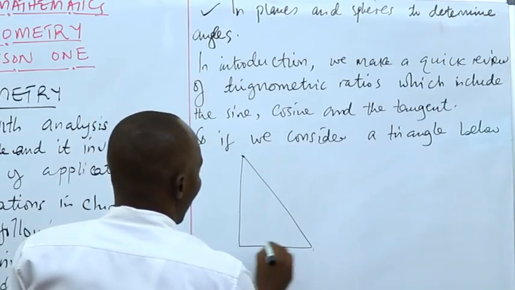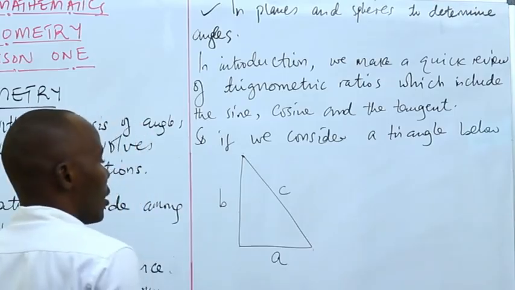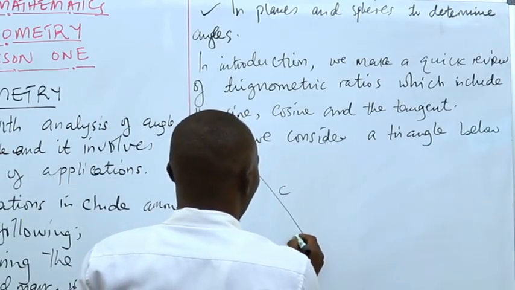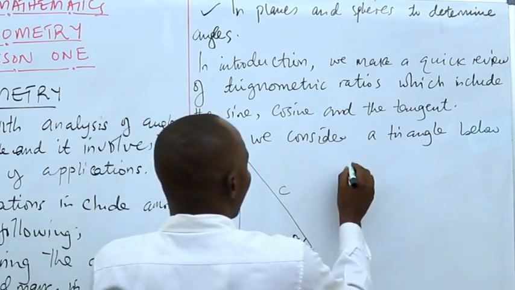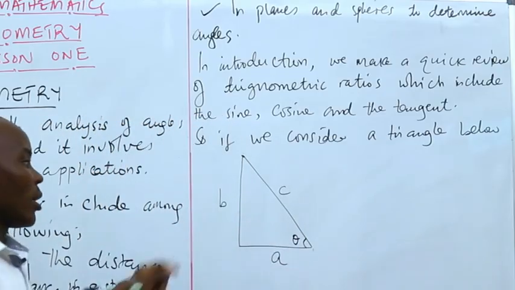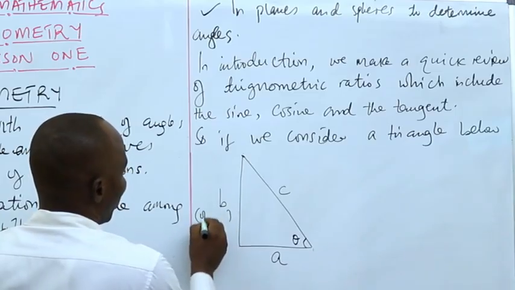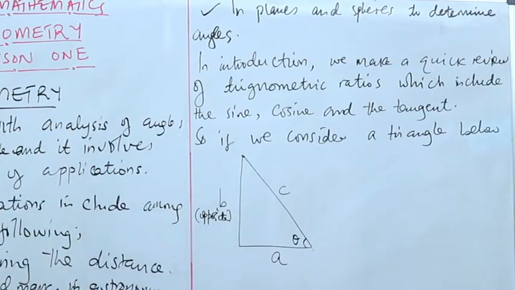If this is side A, this is side B, and side C, and my angle is angle theta, you can see that the side opposite to angle theta, I've called it B, but since it is the side opposite to it, we can call it the opposite side.